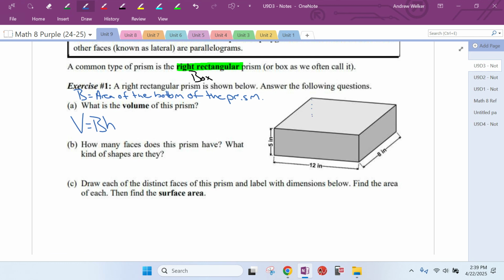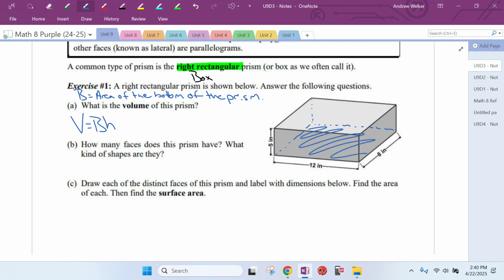I'm going to draw some dotted lines in here so that we can visualize all the different faces, right? So I want to find big B. And to me, big B is always the bottom of my box, right? Well, in this case, the bottom of my box is a rectangle, right?